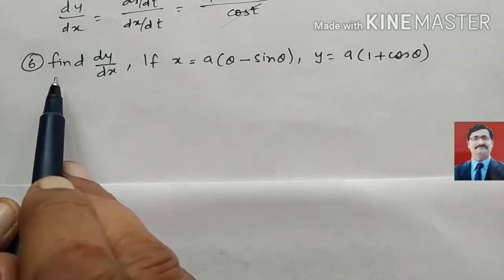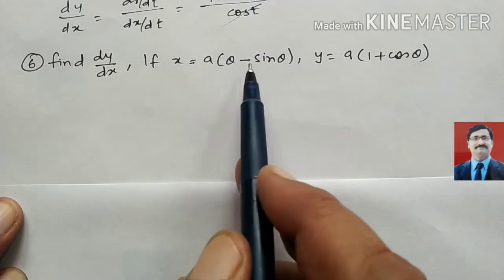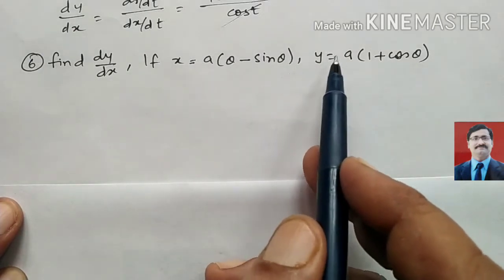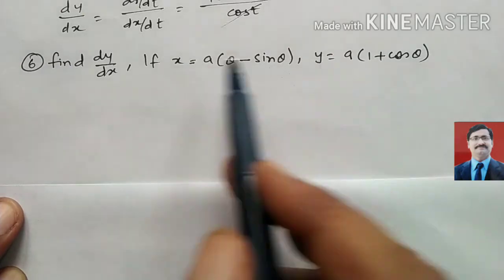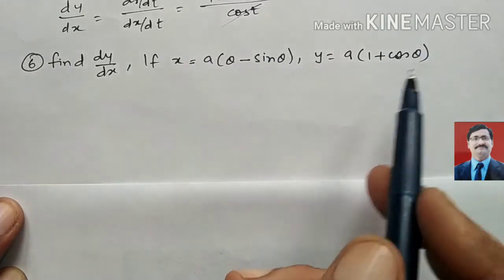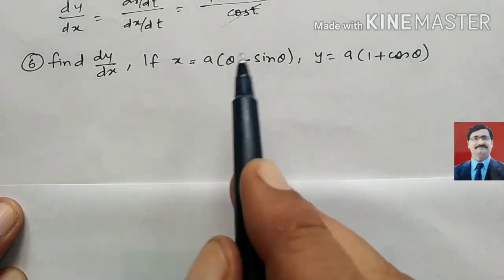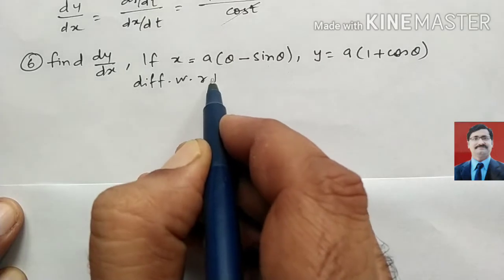Look at this question: find dy by dx if x equal to a bracket theta minus sin theta and y equal to a bracket 1 plus cos theta. Here you have to find dy by dx. You can check that the parameter here is theta, so you will differentiate with respect to theta.